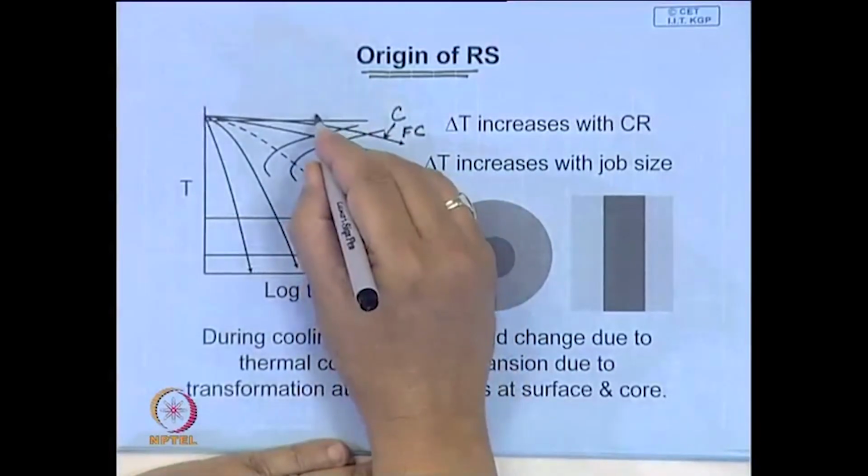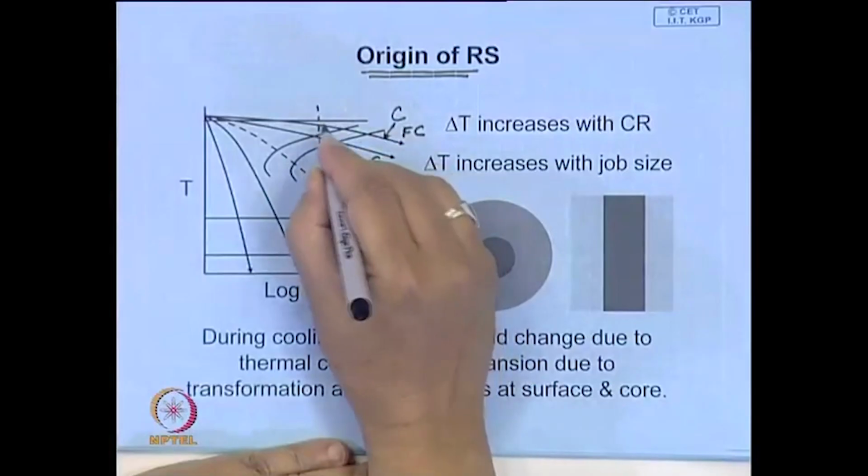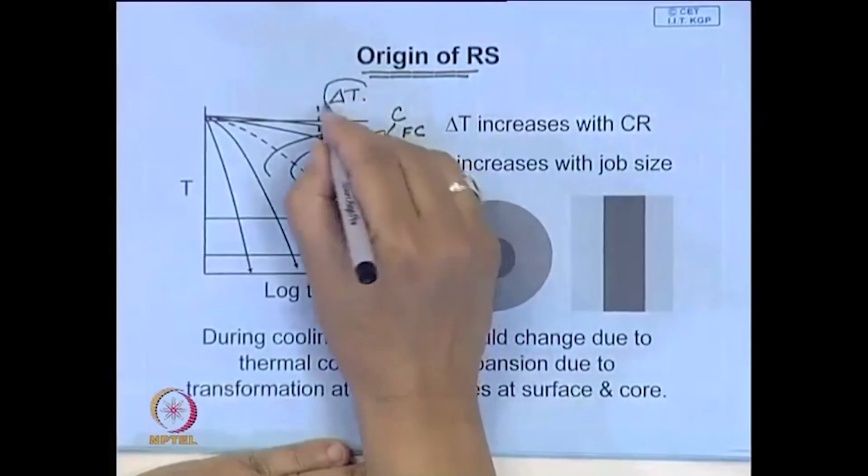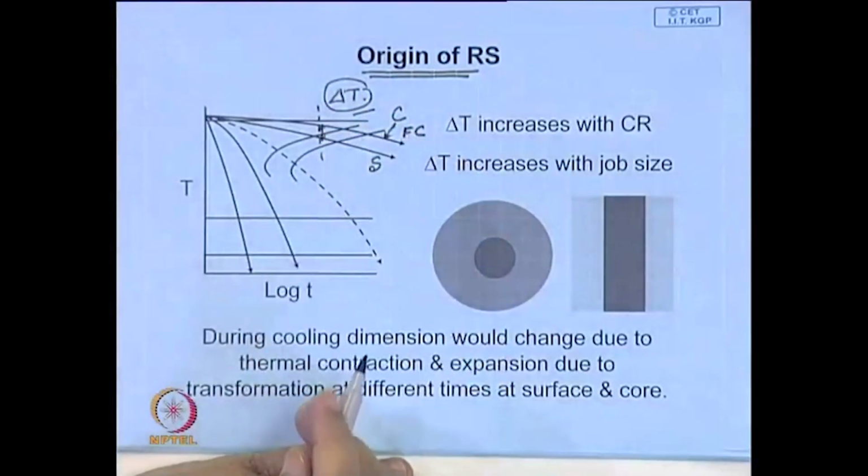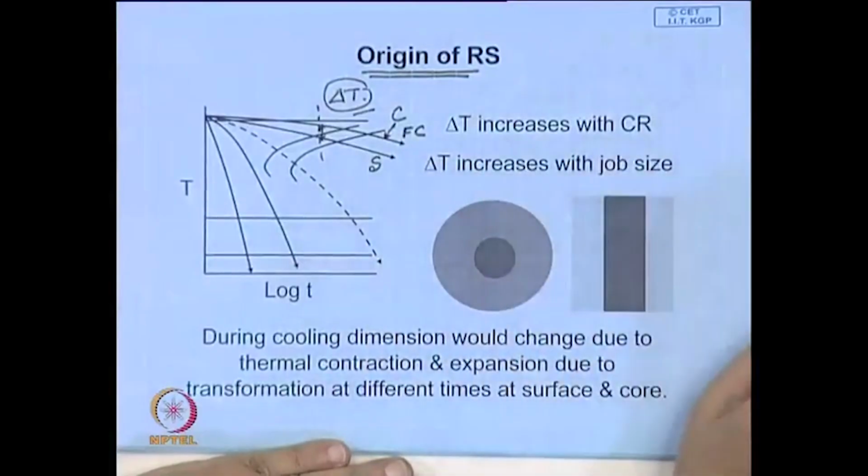So, here at any instant, this magnitude, this delta T, in furnace cooling is very small. Therefore, when it cools, two things happen. One, there will be thermal contraction, and when the transformation takes place from austenite to the decomposition product, whether it is ferrite plus cementite or martensite, the material will try to expand, and the two are in opposite directions.